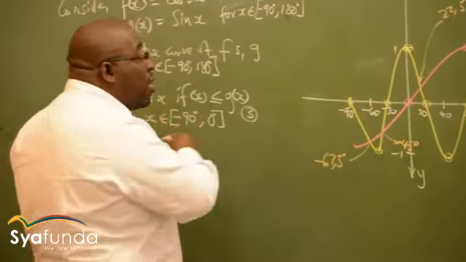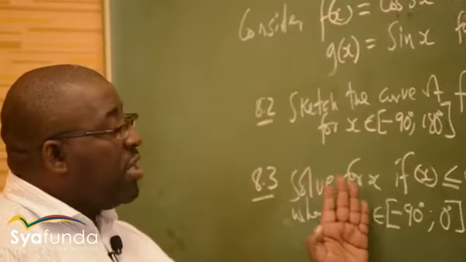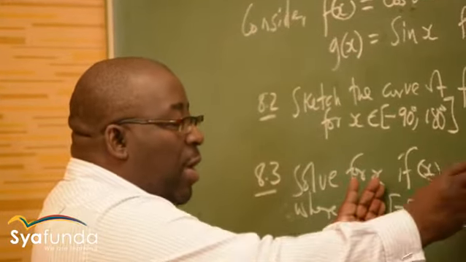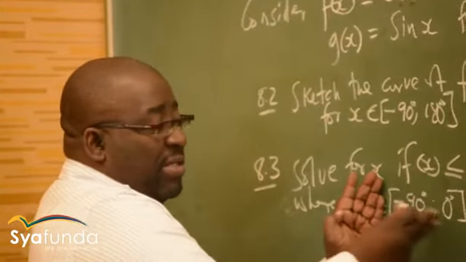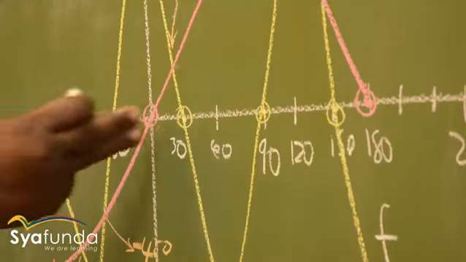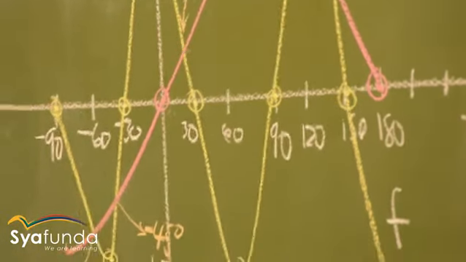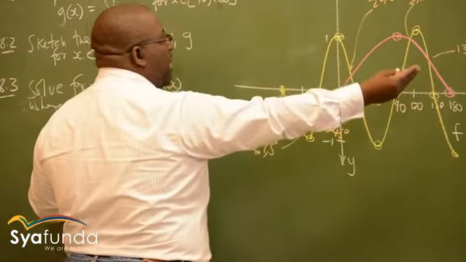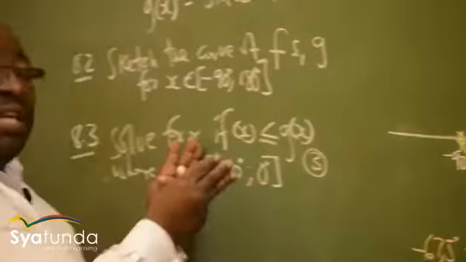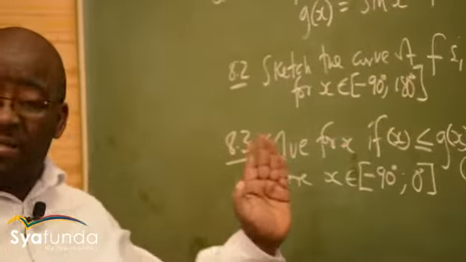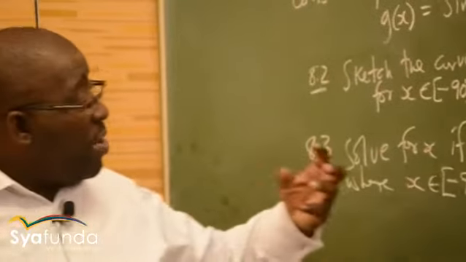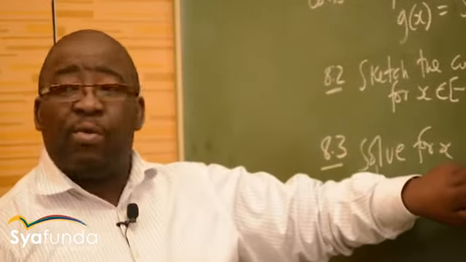But are we looking for the whole region? No, we only concentrate between minus 90 and 0. So where are the two graphs equal in this region? At this position and that position only. We're not concerned about what's happening beyond 0, because the restriction says we must start from minus 90 up to 0. Right, so that's how we tackle the first part of the equal sign here.